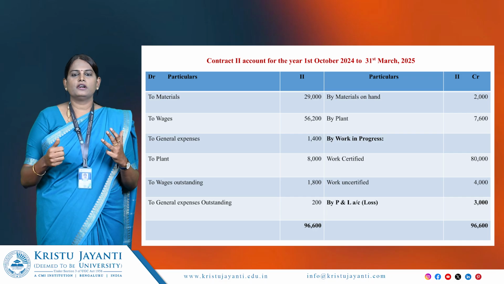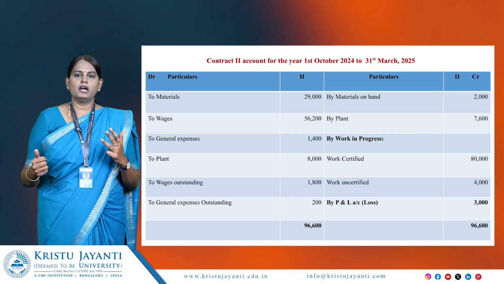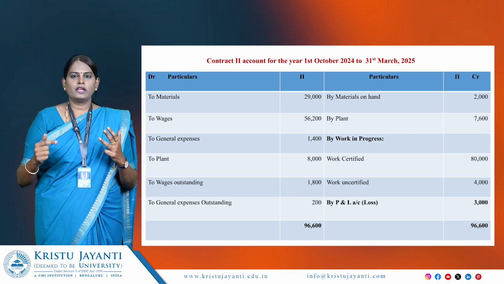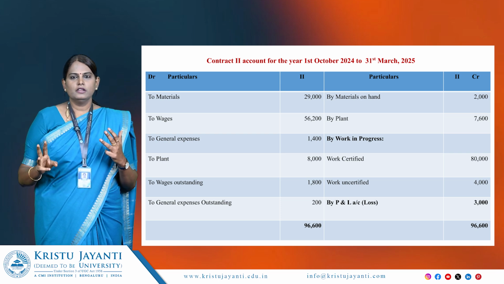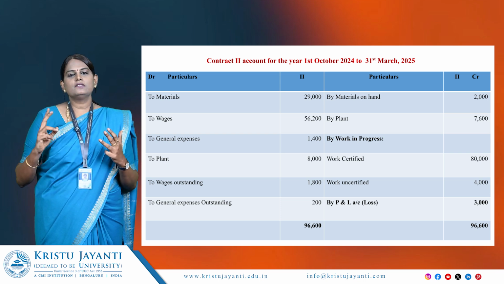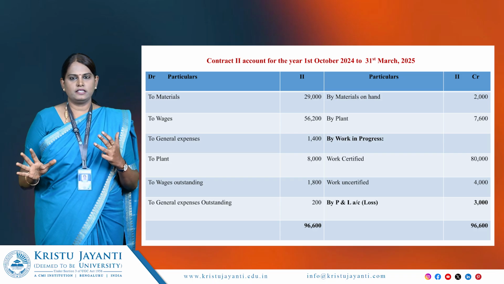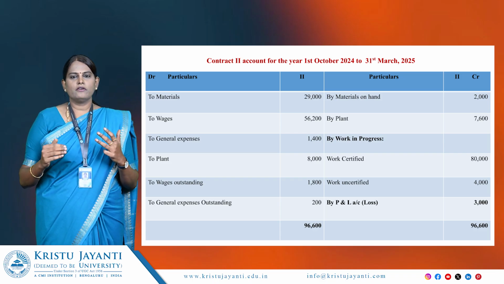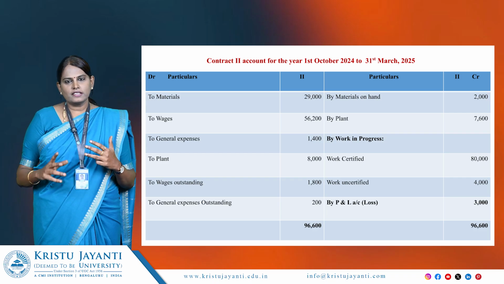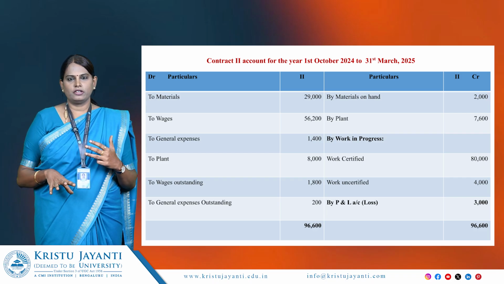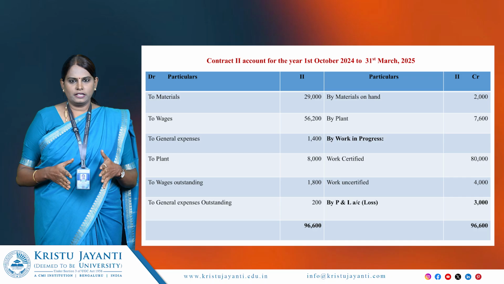So from 1st of October till 31st of March, you have 6 months. So 6 divided by 12, you get 400. So the balance is 7,600, which is a credit item. And then you have wages outstanding, which is a debit entry, and general expenses outstanding is a debit entry.